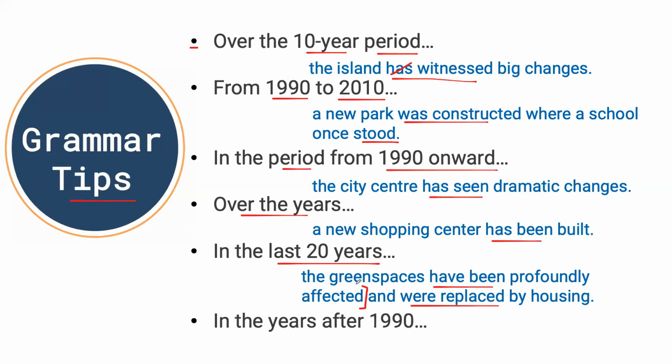It is still 2020, and so the green spaces have been affected since it's continuing up to today. However, before, they were replaced by housing. It's quite specific. It's before they were affected. They were replaced by housing, so we would use past simple for this last section here.